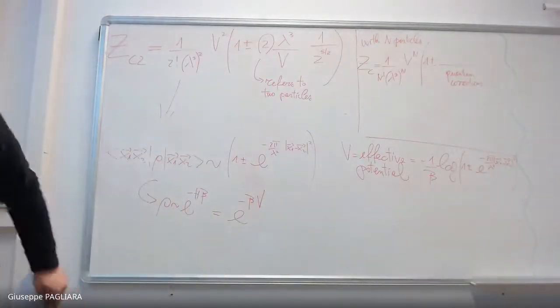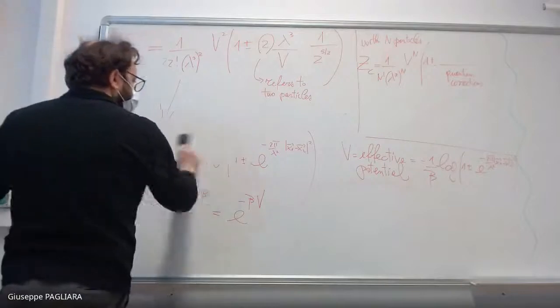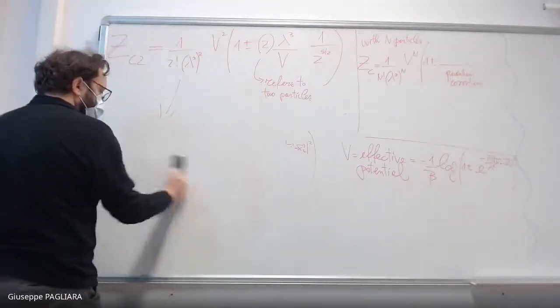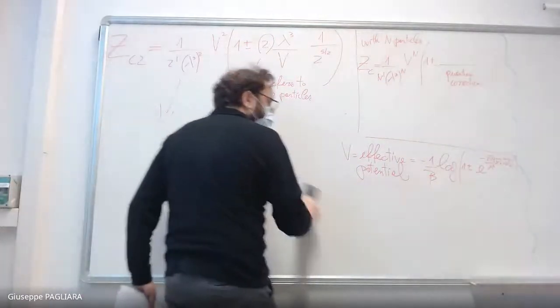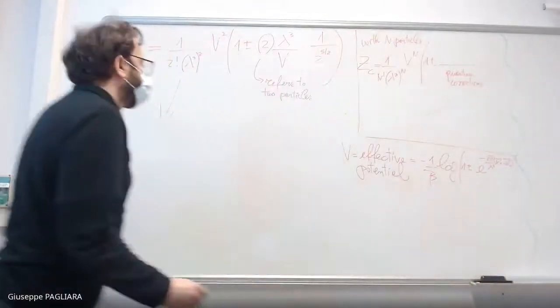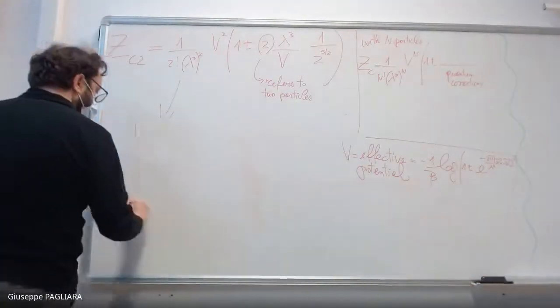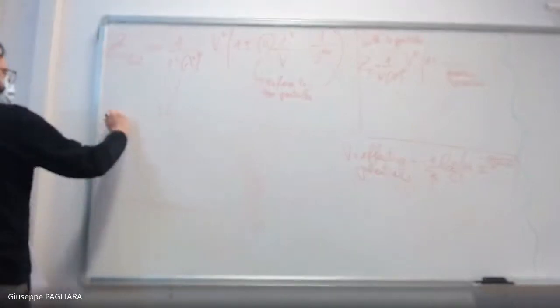So if I plot V as a function of x1 minus x2 modulus, I will have something like this for fermions.